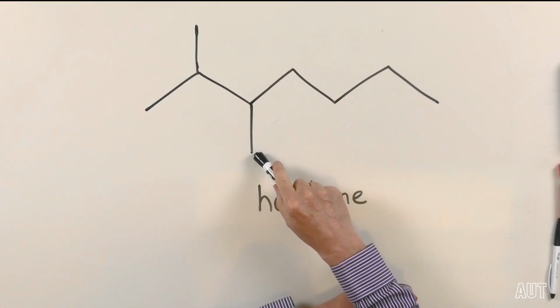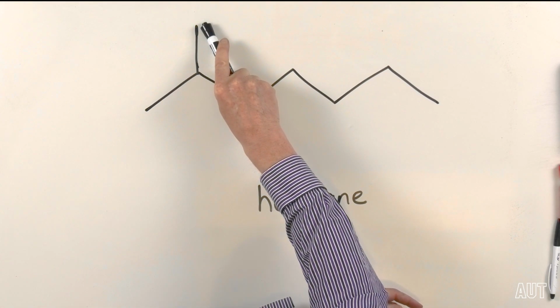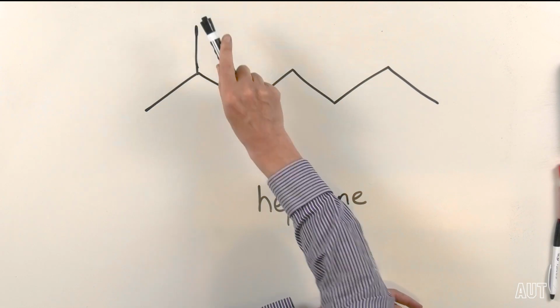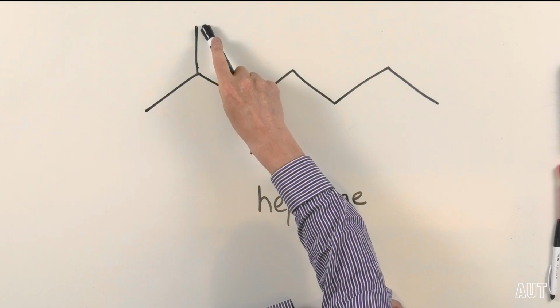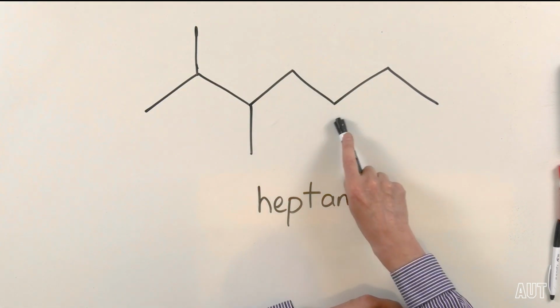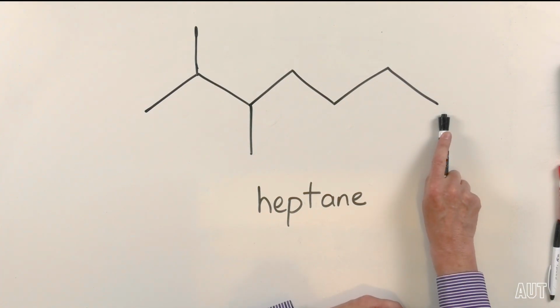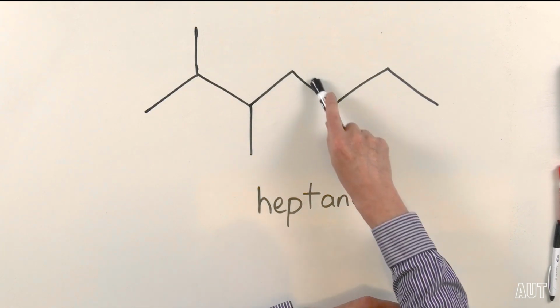Now, do we have any substituents? Yes, we do, and in fact we have 2 substituents. We have a substituent here, which is a CH3, and a substituent here, which is also a CH3. Now, hold that thought, because when we say that this is a substituent, we're saying that that is the longest carbon chain. But what about if we're saying that this is the longest carbon chain?